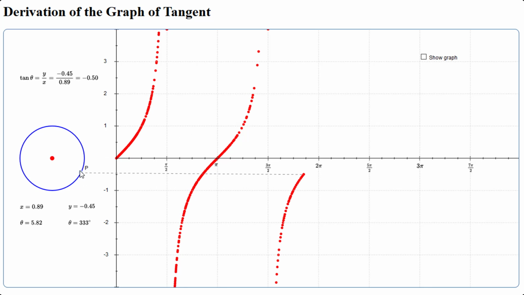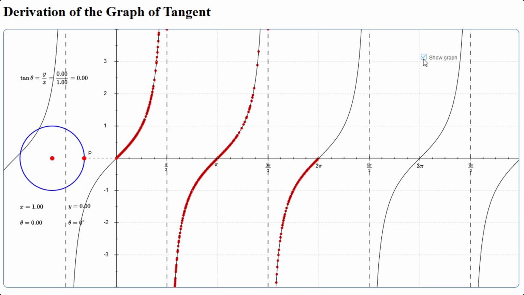So by 2 pi, we're actually getting 2 full cycles of tangent. Now if I show you the graph, the original graph, you'll notice that everything lines up as it should. So asymptotes at odd multiples of pi over 2, and this function is always increasing.